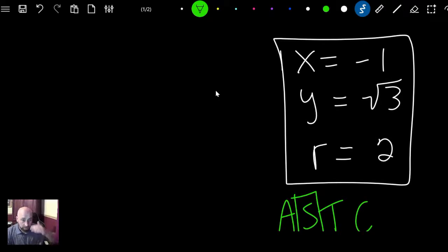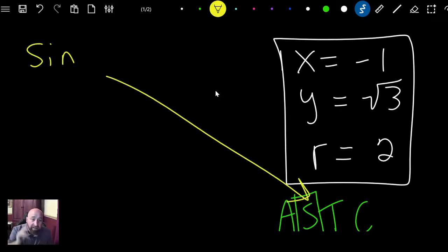No matter which one I'm working on, I'm always in the second quadrant, so I need to remember that. So when I have sine, I'm remembering, sine in the second is positive. All right, good. So sine is what? Sine is y over r. So we're just going to put y over r.